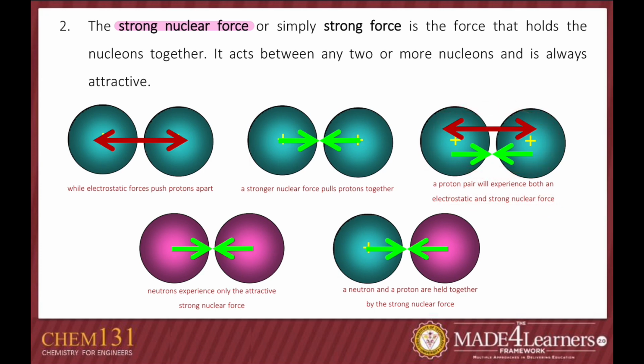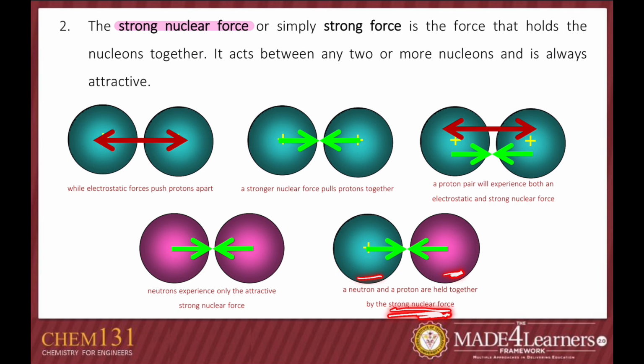For a proton. For the neutron, so dili man charge ang neutron, so wala electrostatic force sa neutron. So neutrons will only experience the attractive strong nuclear force. And if it is between a proton and a neutron, so again, neutron is uncharged, so meaning there is only a strong nuclear force that holds them together.